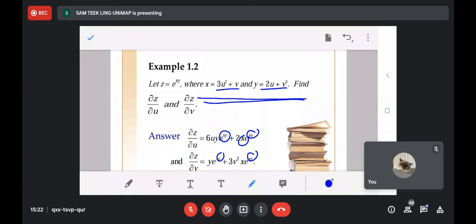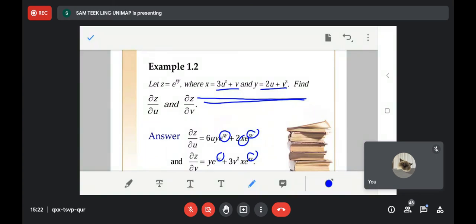Then remember, for next week, quiz 1 does not involve inverse function. Don't give me the inverse function. First is introduction, second is change of variable, third is implicit function, fourth is Jacobian, until Jacobian only.